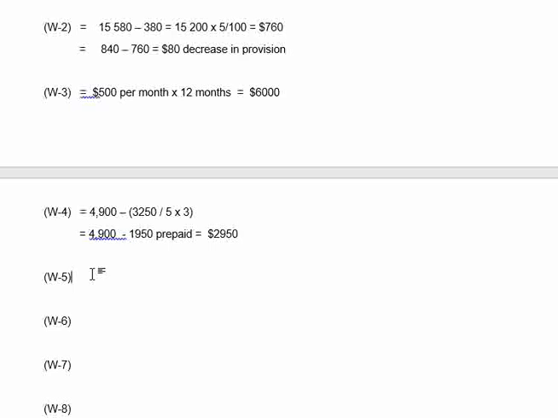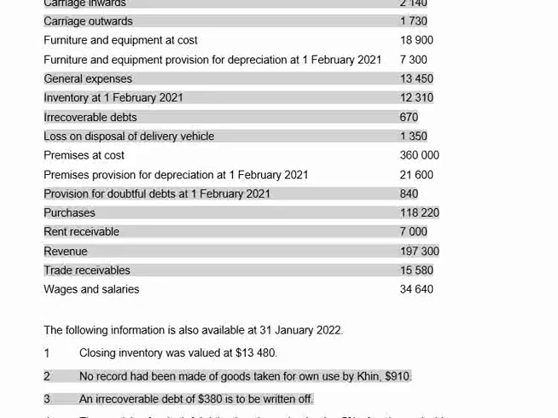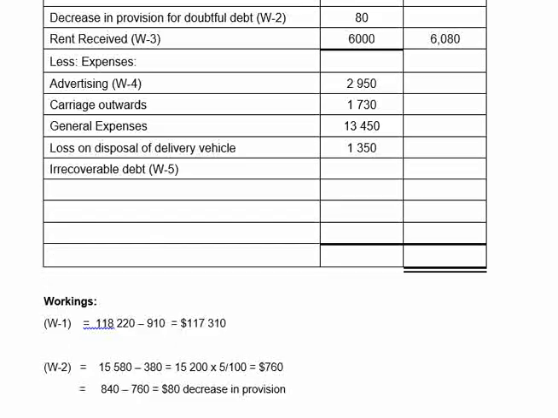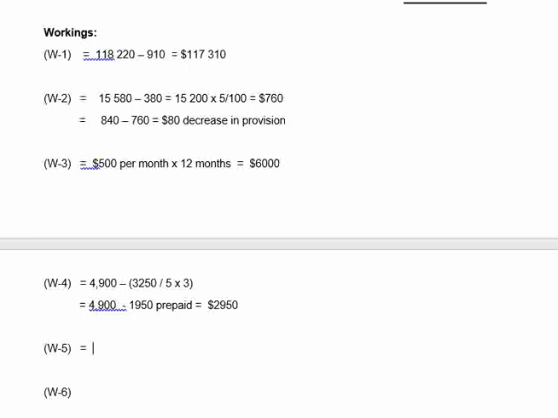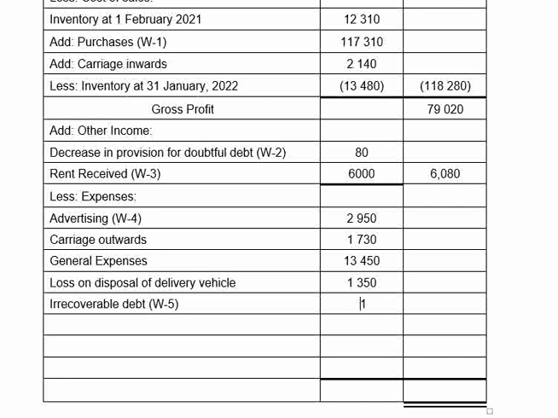Working number 5 says that irrecoverable debts already recorded in the ledger account are 670, plus there is a 380 irrecoverable debts adjustment which was not recorded during the year. That has to be shown in the income statement. So our total irrecoverable debts amount is $1,050.